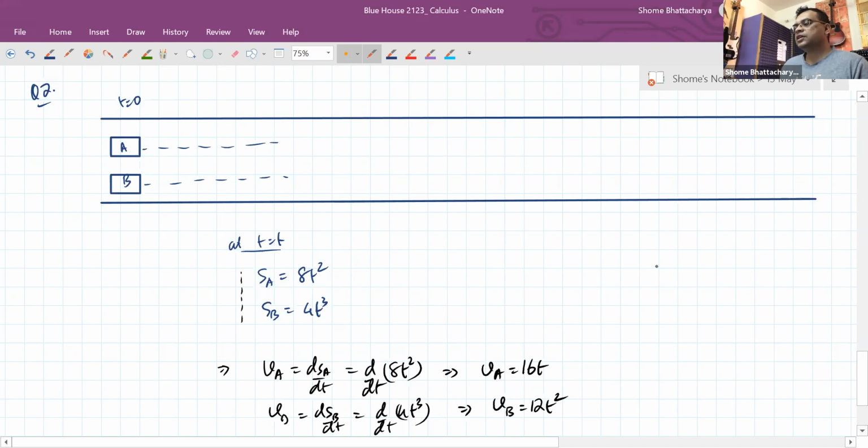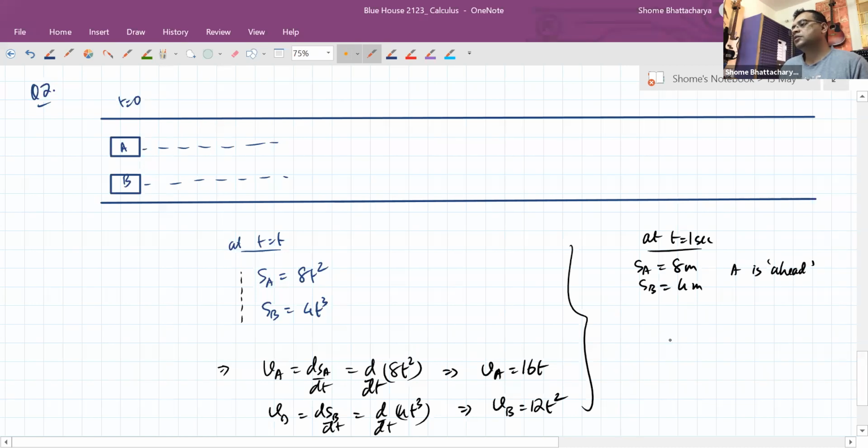So now, for example, if we compare from this information at t equal to 1 second, what are their displacements? This one is 8 meters. This one is 4 meters. Okay. So that means A is ahead of B. Okay.